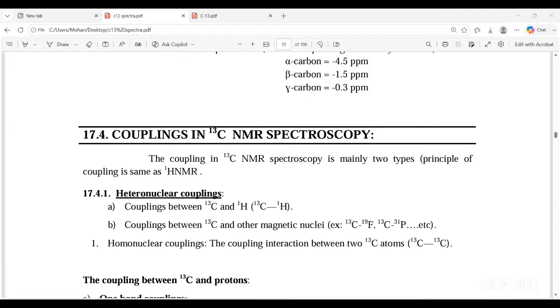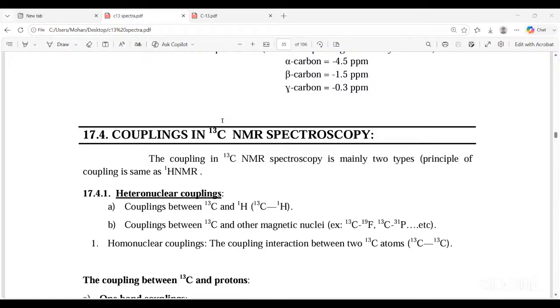Yesterday we discussed the chemical shift and the factors affecting it, right? Some factors affect the chemical shift values, because the general scale of C13 is 0 to 240 ppm, and based on the factors the value is going to vary.